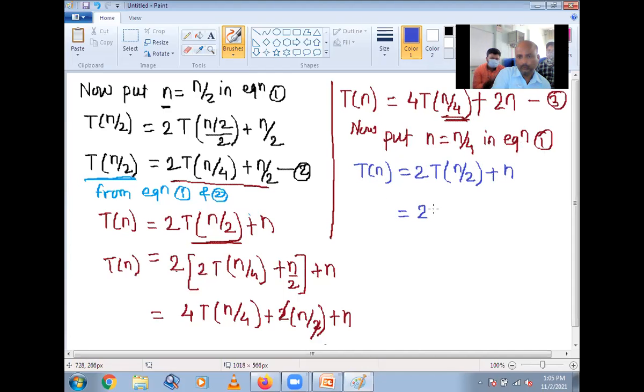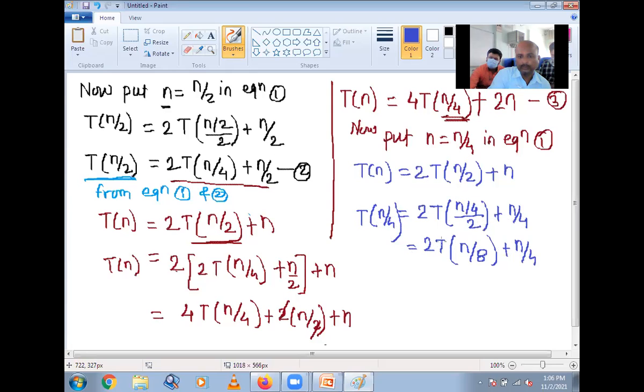So 2 T here instead of n by 4, n by 4 divided by 2 plus n by 4, which is equal to 2 T of n by 8 plus n by 4. This is the value of T of n by 4. This is equation number 4. See these equations carefully.